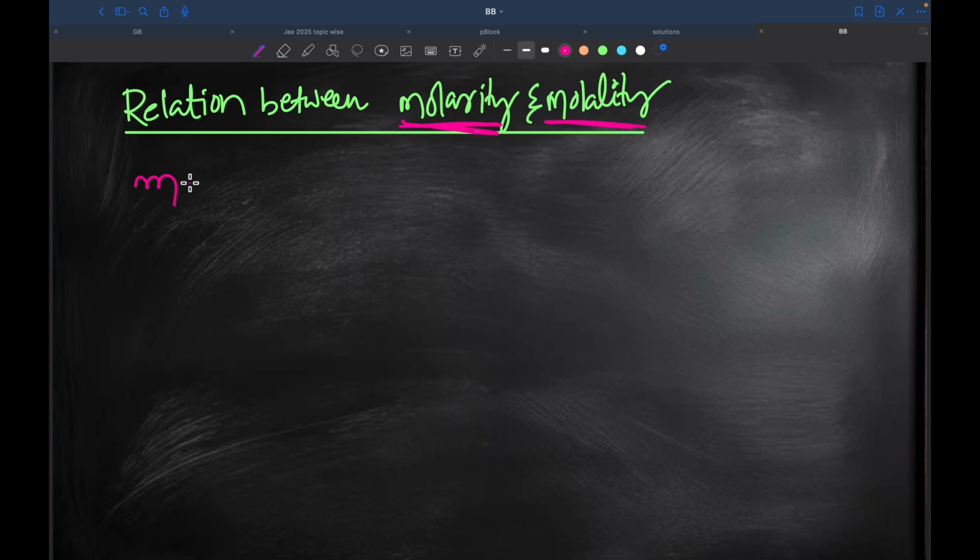So molality equals N2 over W1 into 1000. This is molality, and molarity is again N2 by V into 1000.